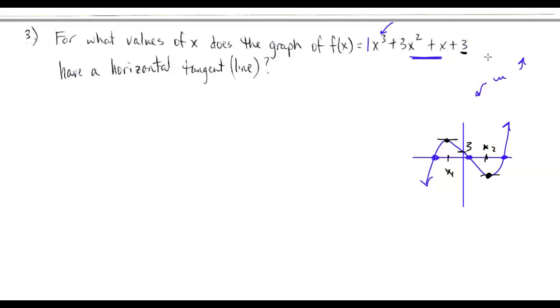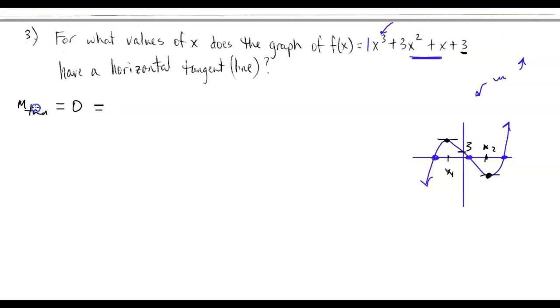All right, so how do we find the horizontal tangent lines? Well, first of all, we need to find the slope of the horizontal tangent line. And of course, the slope of any horizontal line is 0. So we know that the slope of the tangent line for the lines that we're talking about here is going to be 0.